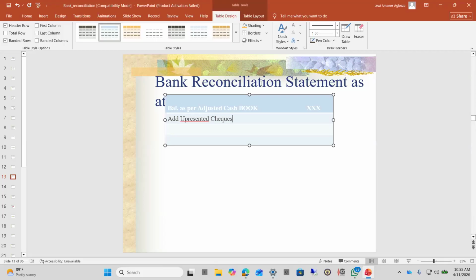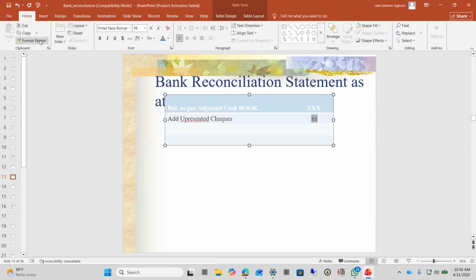So if the checks are 20, you make sure you list it somewhere. And then you bring the total to this place. Are we okay? That will give you a figure.